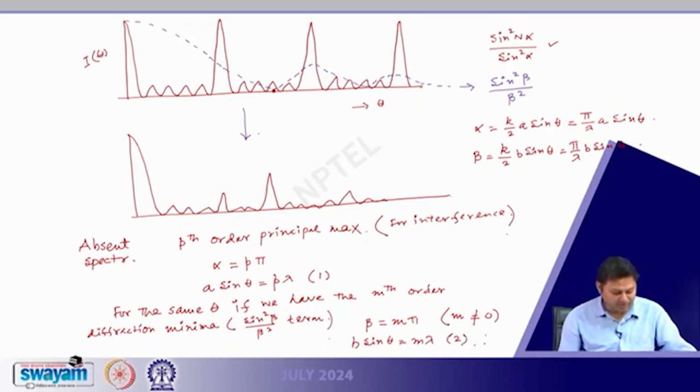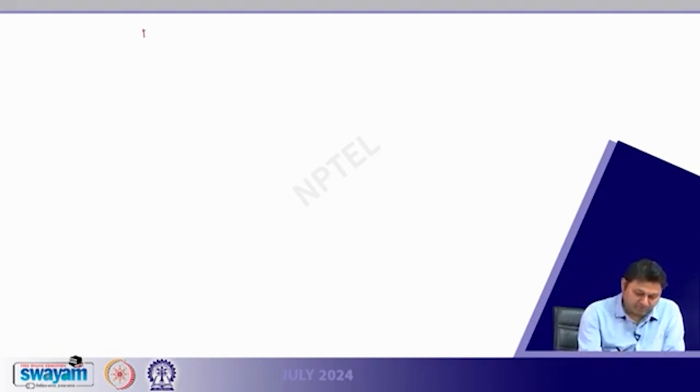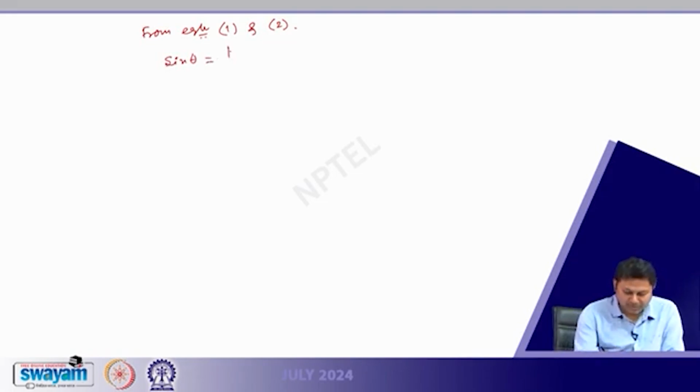So we have one equation, let us call this equation 1 and this equation 2. They should be for the same theta. So from equation 1 and 2, we have sin theta equal to p lambda by a, which is equal to m lambda by b.